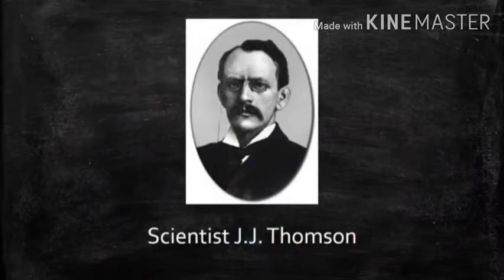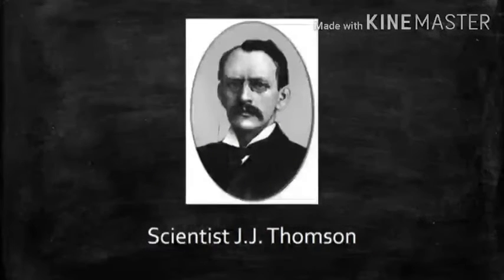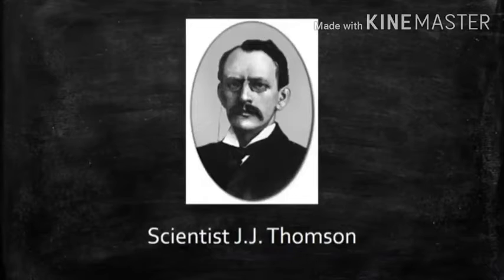Let us understand the next scientist, that is Thomson's plum pudding model of the atom. The plum pudding model of an atom, put forth by Thomson in 1904, is the first model of atomic structure. According to this model, the positive charge is distributed throughout the atom and negatively charged electrons are embedded in it.